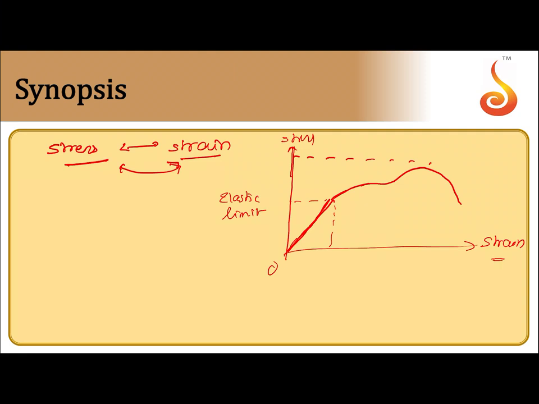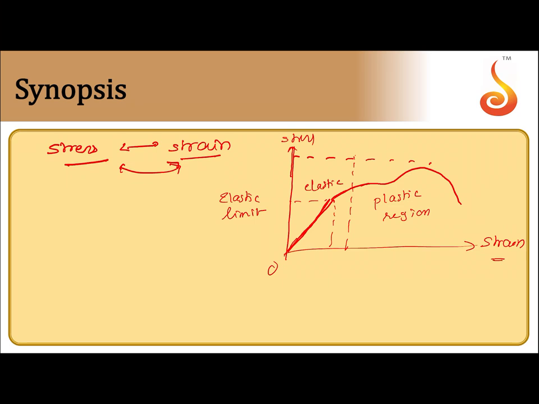This is the nature of the curve, and this is actually the elastic region. The first is your elastic limit, the second is elastic up to a certain value. That means up to this the object can get back to its original shape. Now, beyond that, the object becomes permanently deformed, and we call it the plastic region.